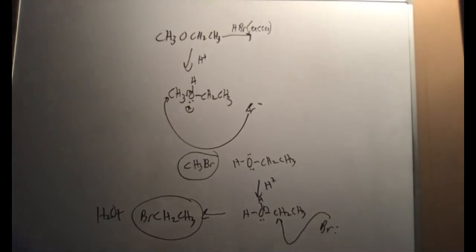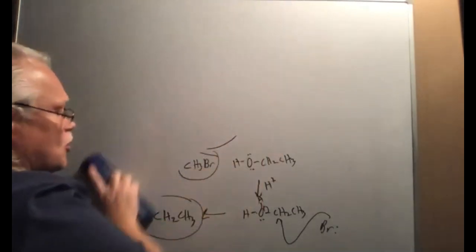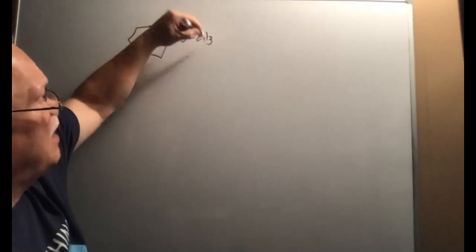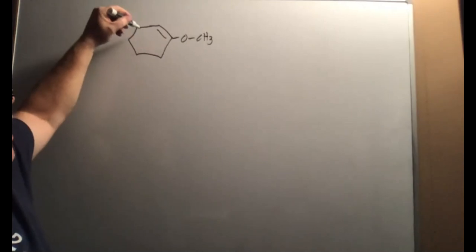Now let's look at the reaction that's in the notes, on page 9. Let's look at one that's in the notes. Okay, so we've got, anybody want to take a shot at naming that ether? Name it by the systematic method. Name it by the common method.